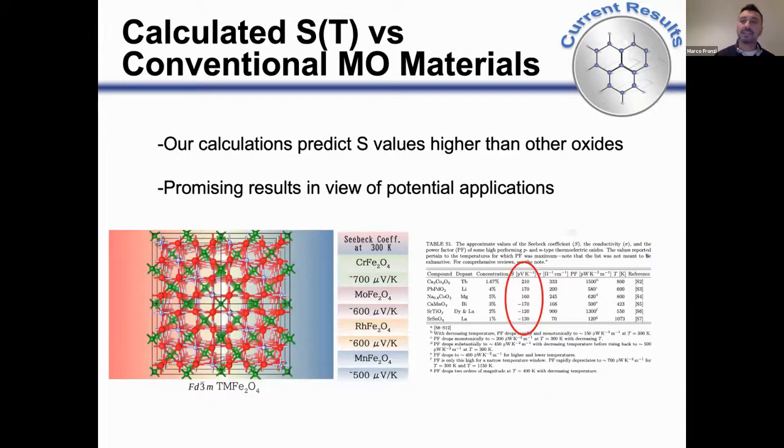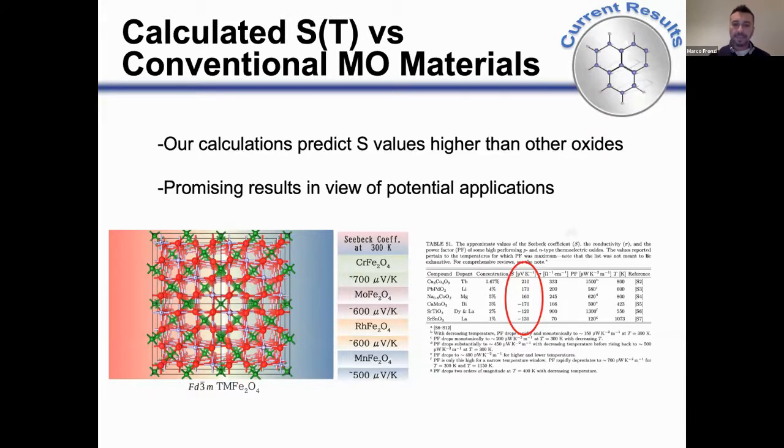Now, this is to summarize the calculated Seebeck coefficient for this compound and some comparison with other oxide structures found in the literature. As you can see, good performing oxides reach Seebeck coefficient values of 210 or minus 130, depending on the doping.